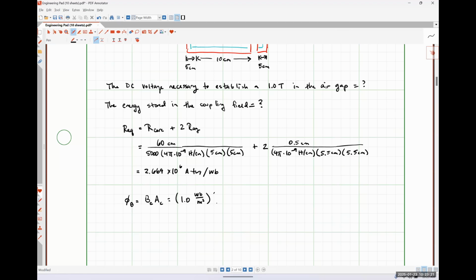And then I have an area of 5 centimeters quantity squared. And to make the math come out better, I'm going to do 1 meter over 100 centimeters and square that guy as well. And we'll wind up having 2.5 milliwebers.